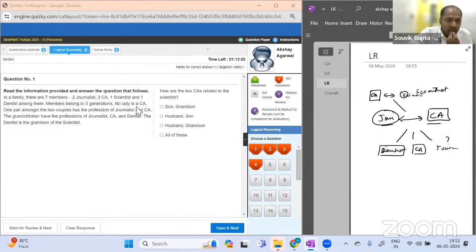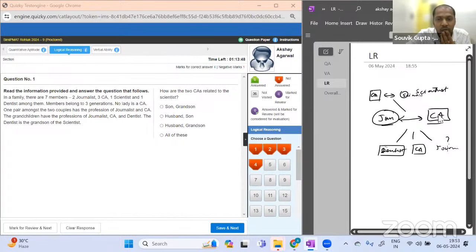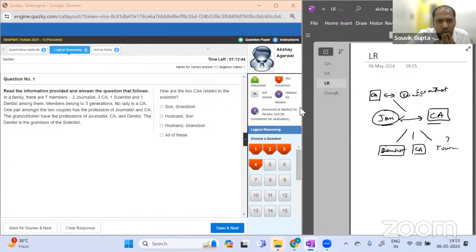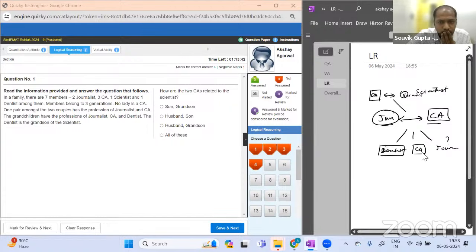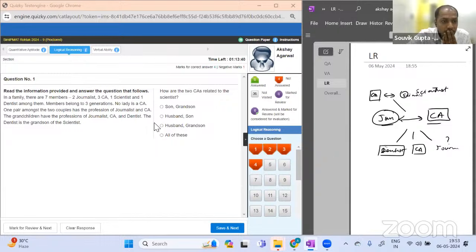There is no lady in the CA, one pair homosexual couples. Now, this would be assuming wrong things if I assume that it has to be the son only. So husband and grandson is for sure. I can't comment about the second CA.